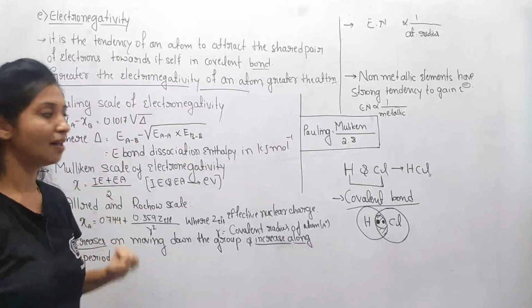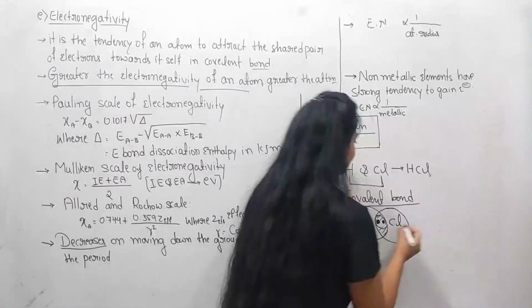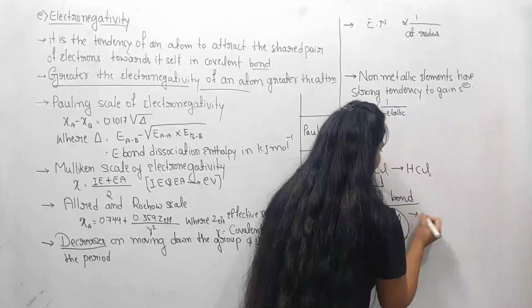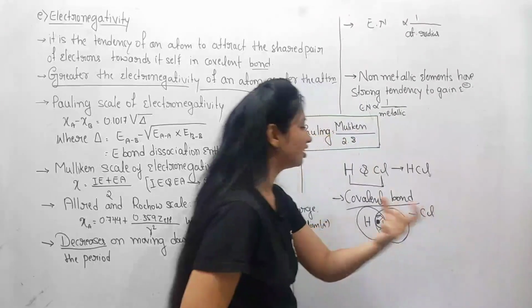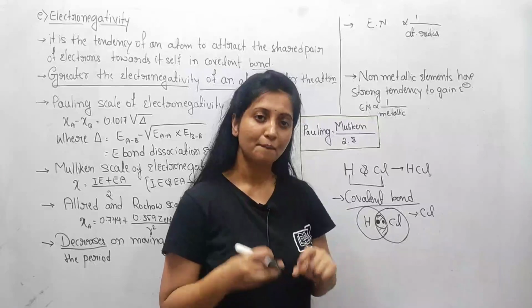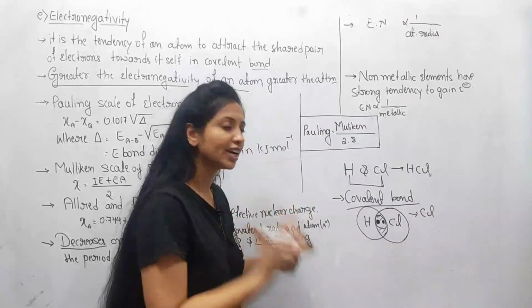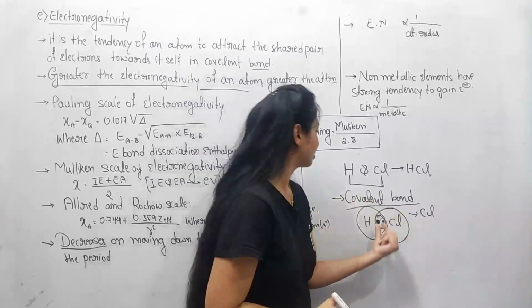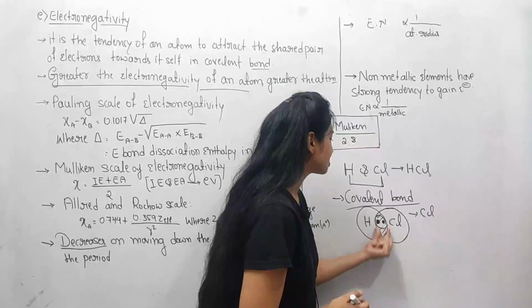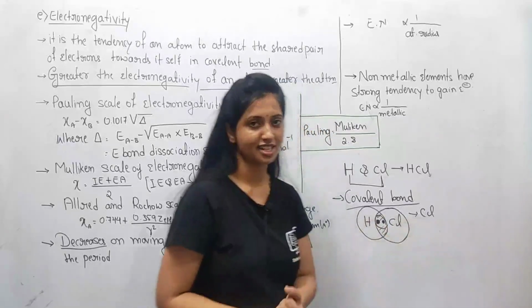towards itself. Means, if I say chlorine has a greater electronegativity, it means chlorine has more capacity to attract these shared pair of electrons towards itself.